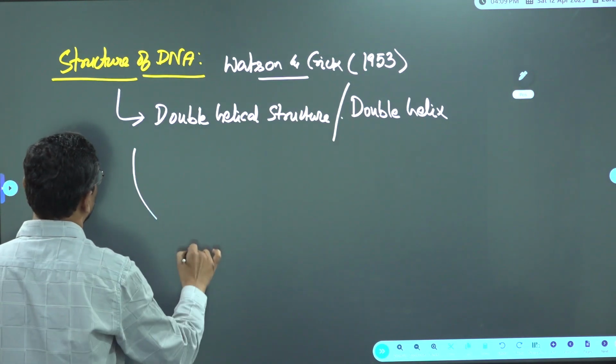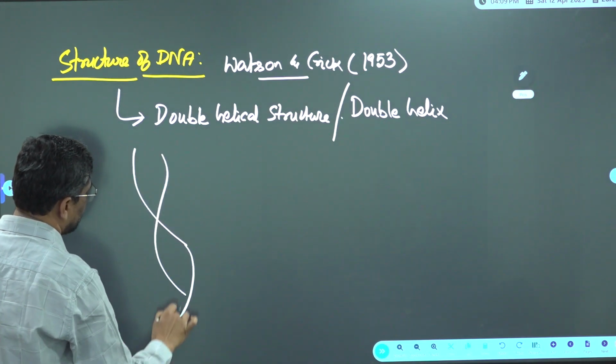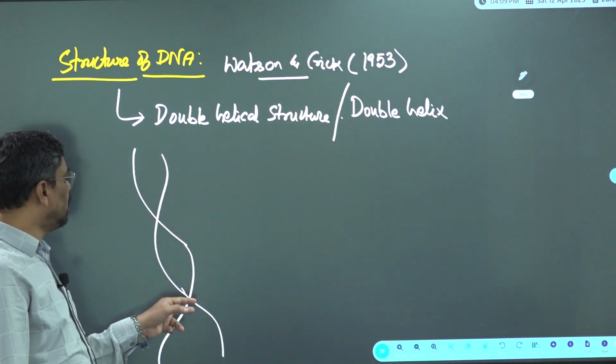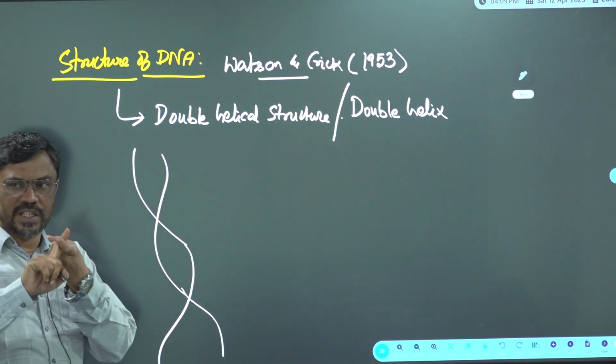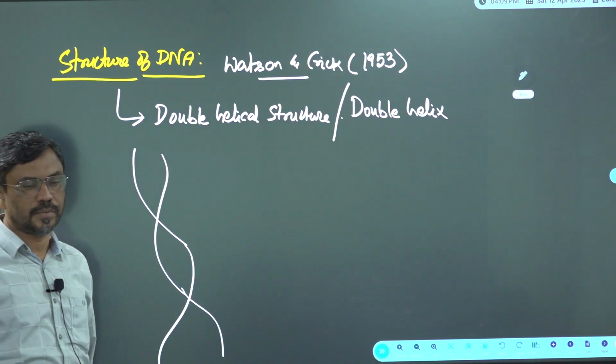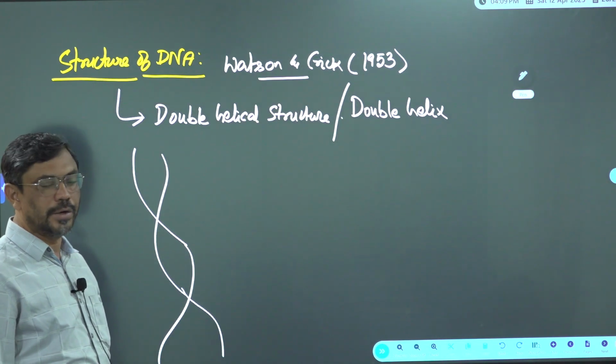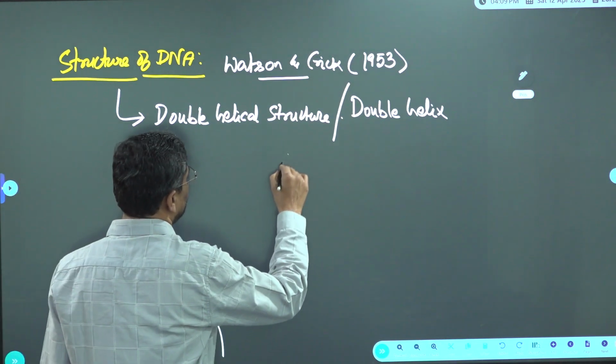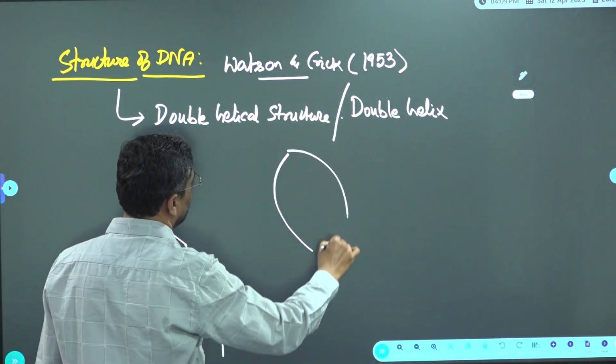It is made up of two polynucleotide strands. It is one strand, it is another strand. Two thread-like structures are coiled together like this. So this is a helix.